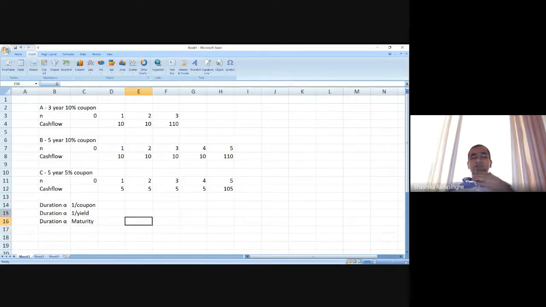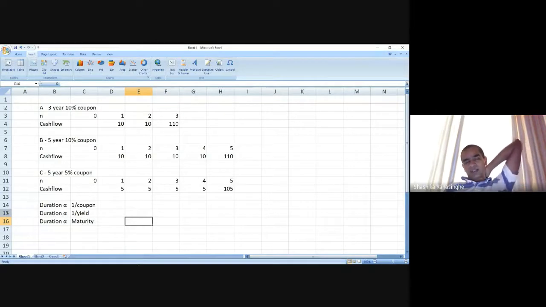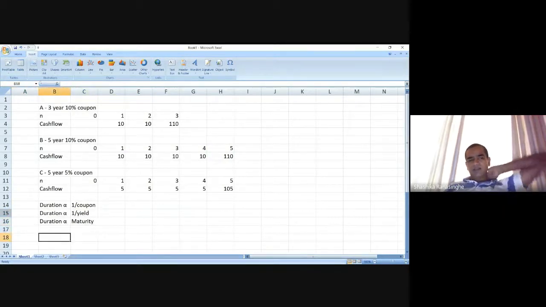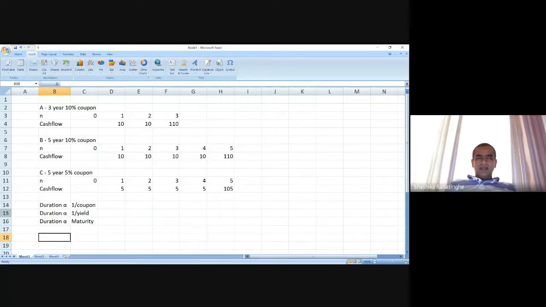Whereas the final point is on maturity. Longer maturity results in longer duration. So low coupon, longer duration; low yield, longer duration; and longer maturity results in longer duration. Okay, understood?